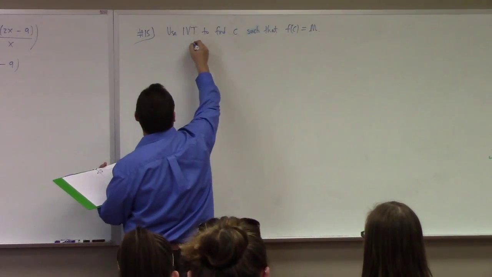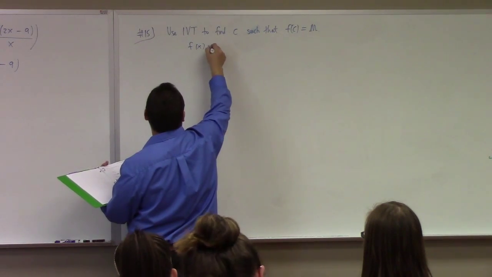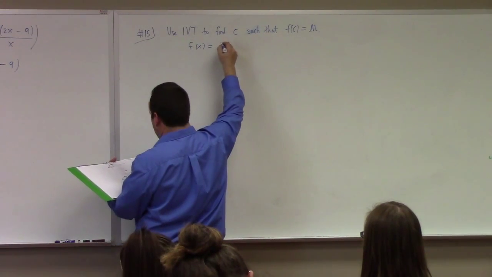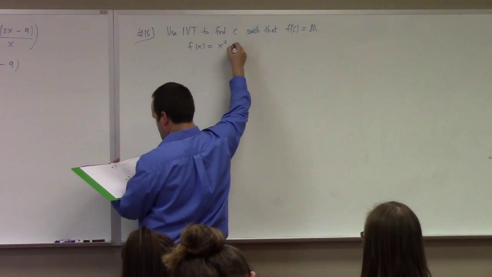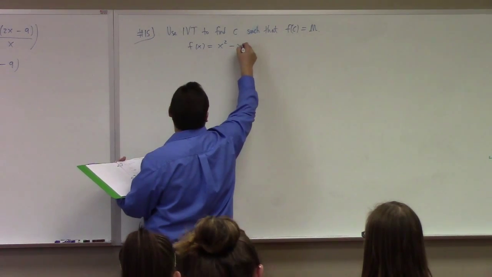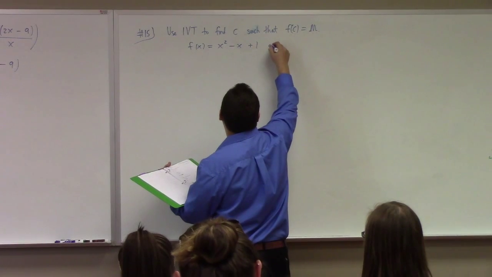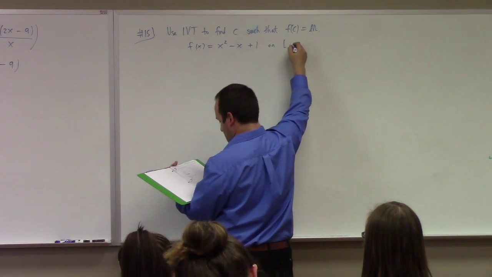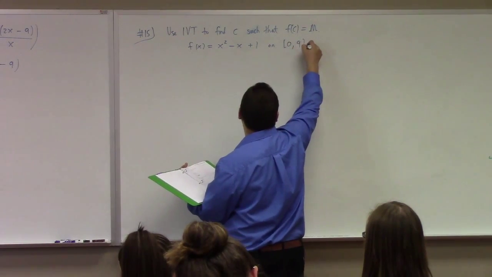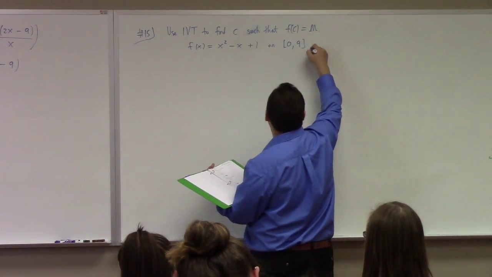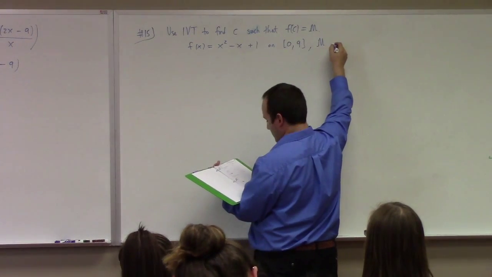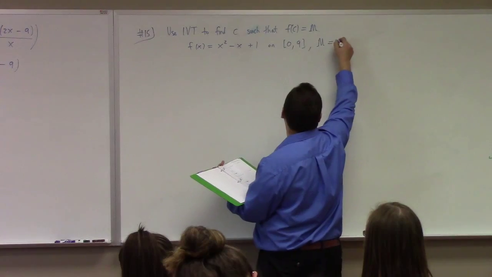In particular, in my problem, I'm given f of x is equal to x squared minus x plus 1, and that's on the closed interval from 0 to 9. And I'm also given that the value for m we're looking for is 43.